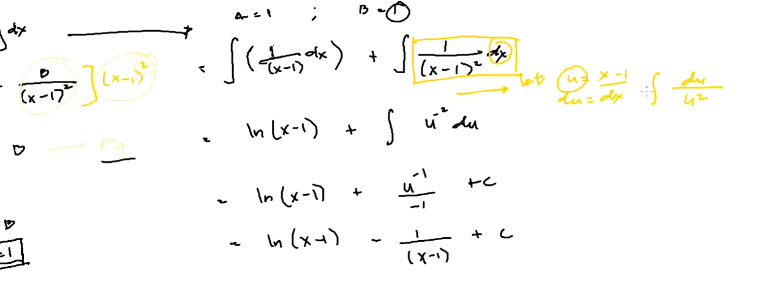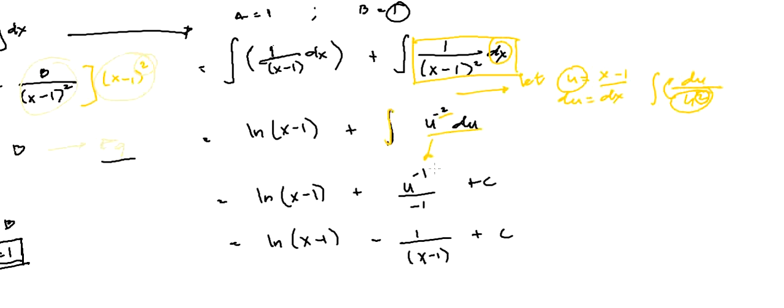That's why if we move this u squared from our denominator to the numerator, we need to once again change the positive exponent to negative. So we have the integral of u raised to negative 2, and from here we apply the power formula to integrate this kind of integrand.